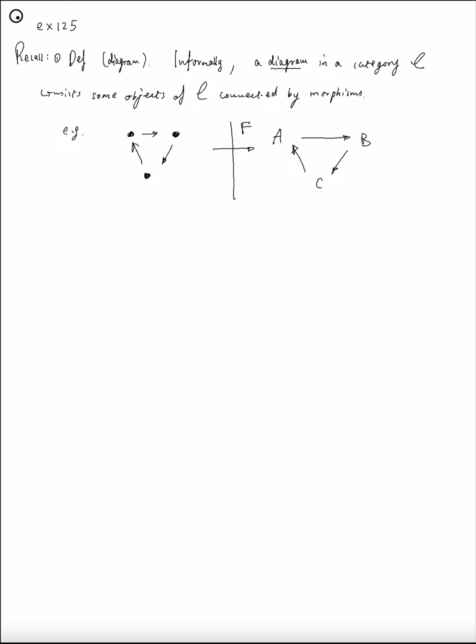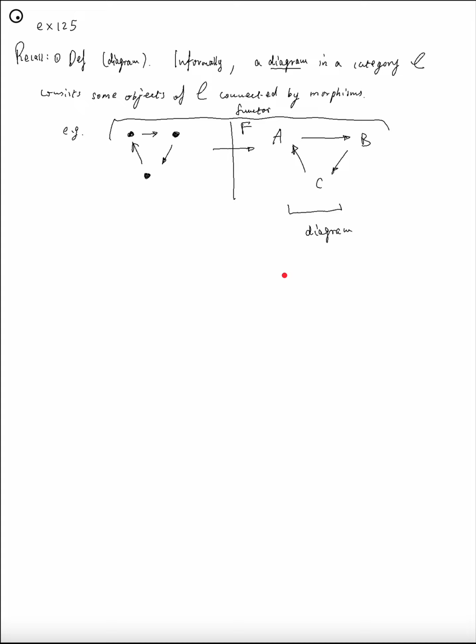What I'm saying is that this is a diagram, and this is the functor. And obviously there is a one-to-one correspondence, which I mean for other types of diagrams.